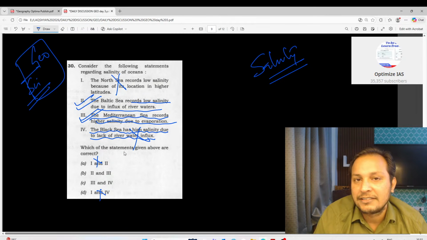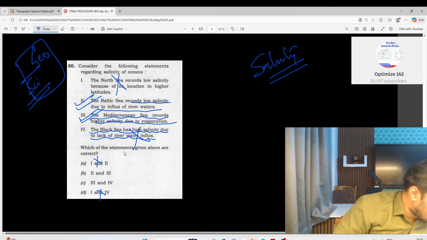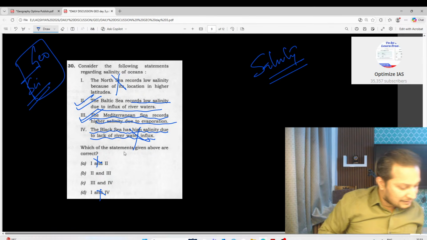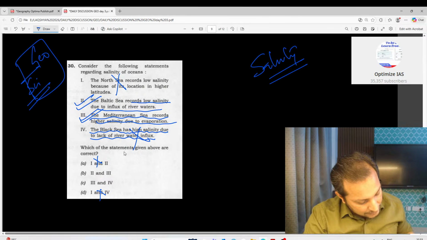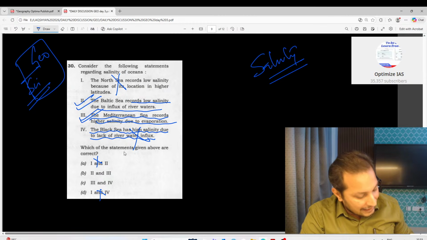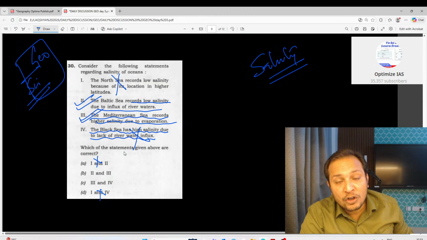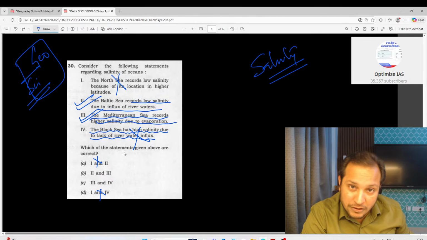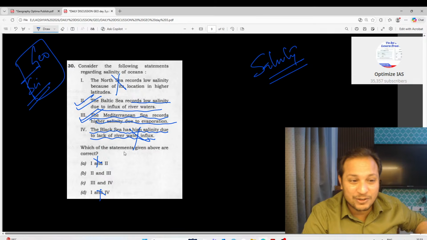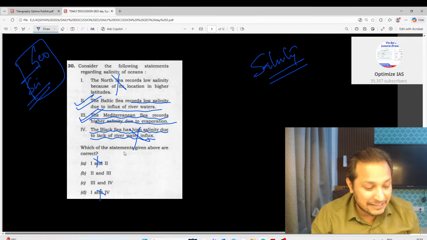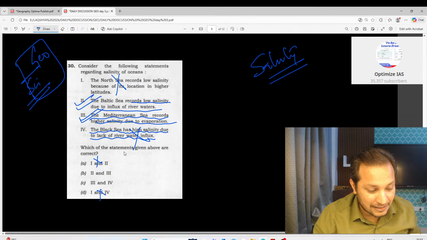No, this is not correct. It's clearly written here, guys, that the Black Sea has low salinity because of high water influx, directly taken from the NCERT. So the answer is option B.